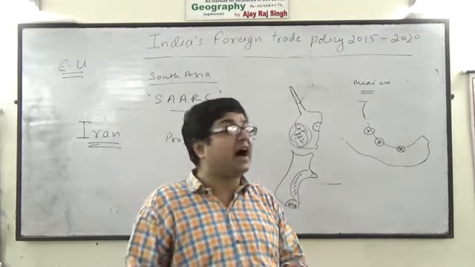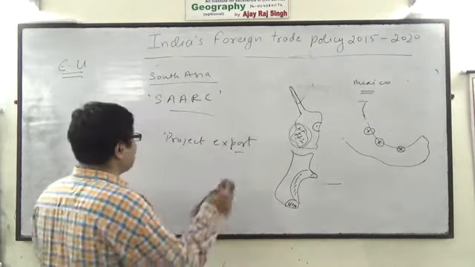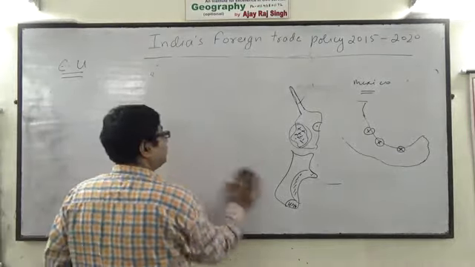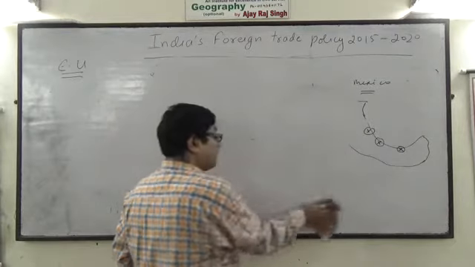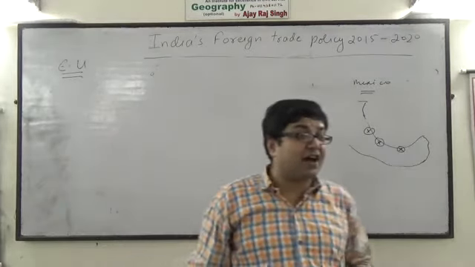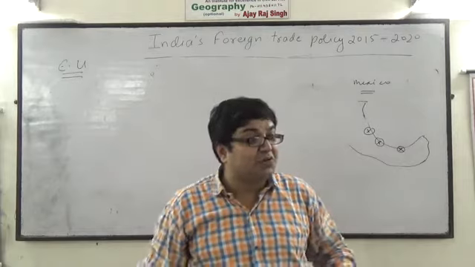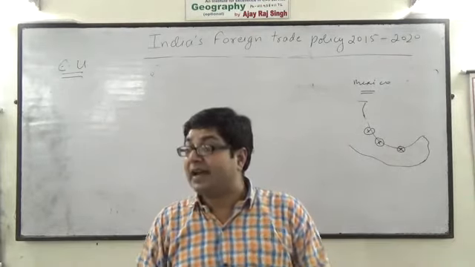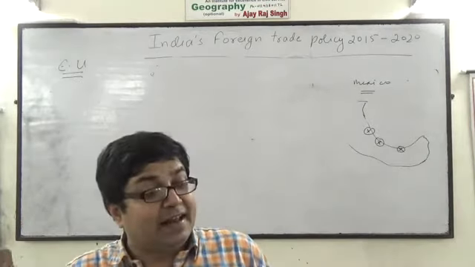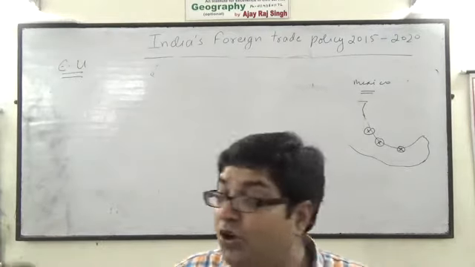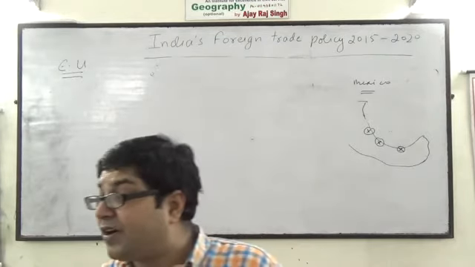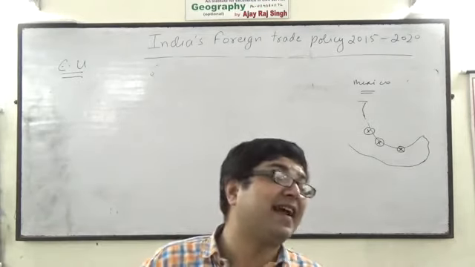Now let us see our trade relationship with Southeast Asia. Southeast Asia comprises countries which are growing rapidly, whose economic growth rate is rapid. It is in pursuance of the Look East policy, which has been a major pillar of the country's foreign policy since the early 90s.